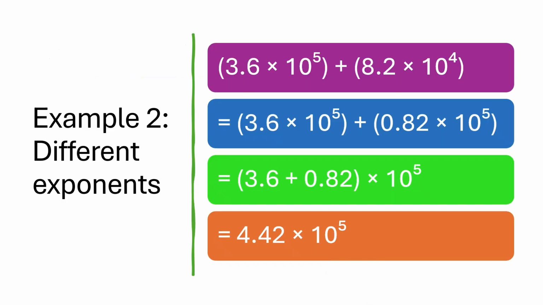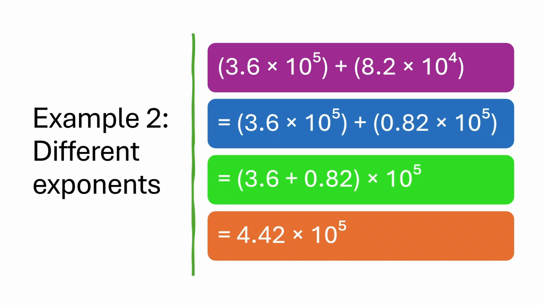Now next, example number 2. In example number 2, we have different exponents. We have 3.6 times 10 to the 5 plus 8.2 times 10 to the 4. What we're going to do is change the lesser exponent into the higher one by moving the decimal point to the left.